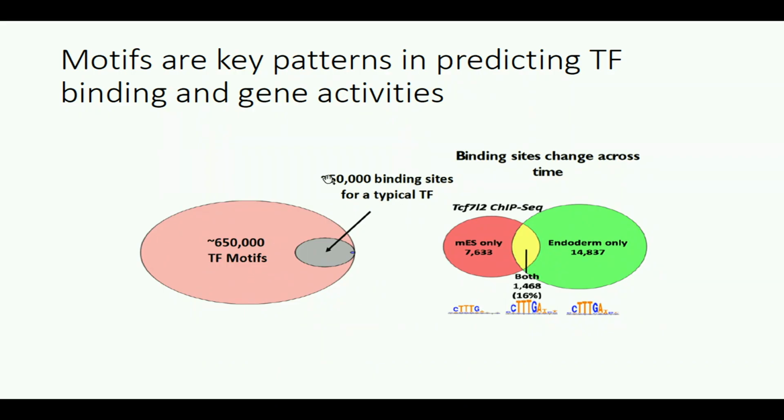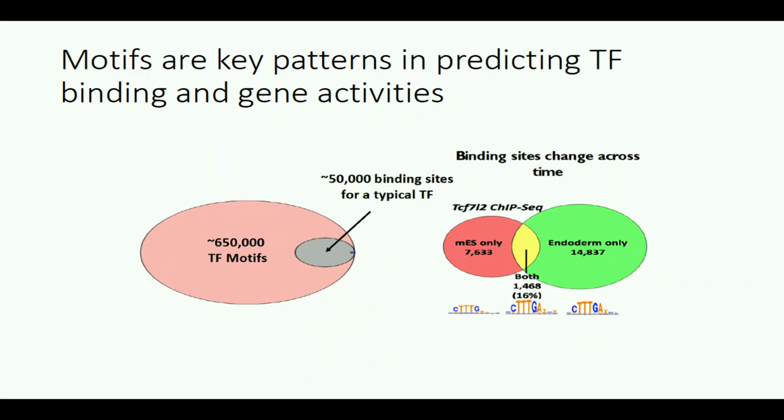As we said, one single transcription factor can bind to multiple positions in the genome. There are approximately 50,000 binding sites for a typical single transcription factor. That means we actually have 50,000 copies of sequence that we can use to study what is contributing to transcription factor binding, right?